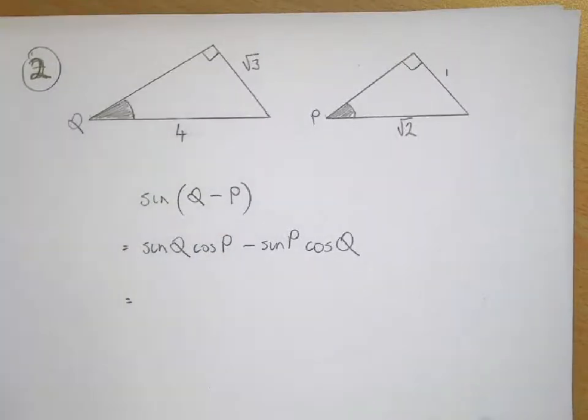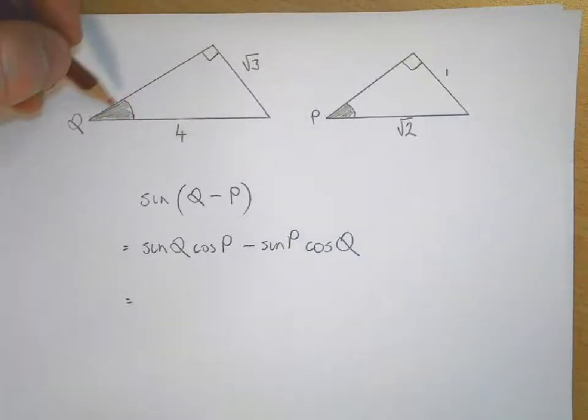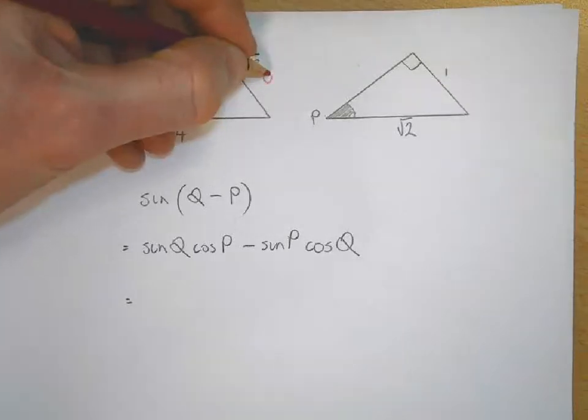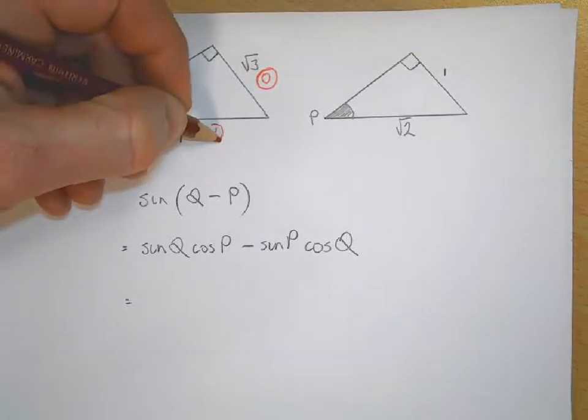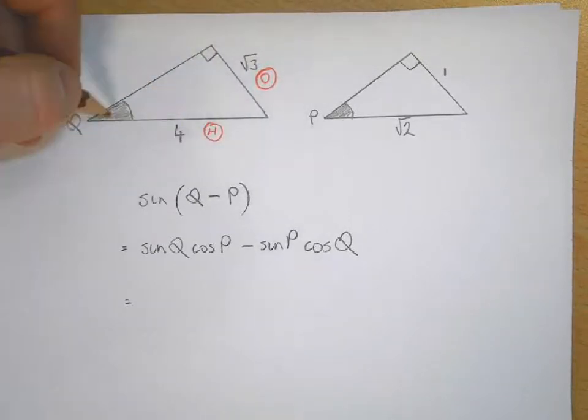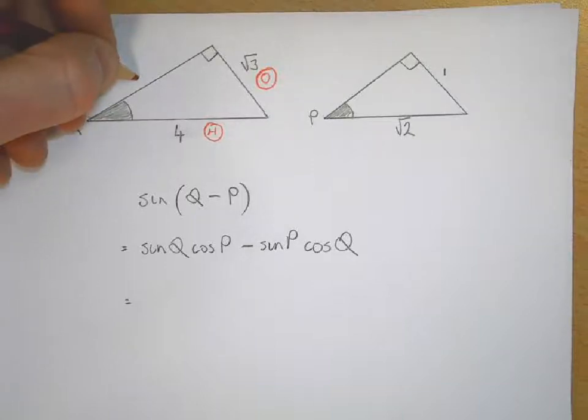If you think back to trigonometry, in this right-angled triangle, if this is the angle, this side will be the opposite. If this is a right angle, this side here will be the hypotenuse. And if this side is adjacent to the angle, that will be the adjacent.